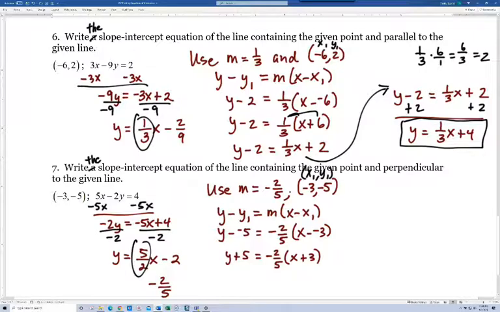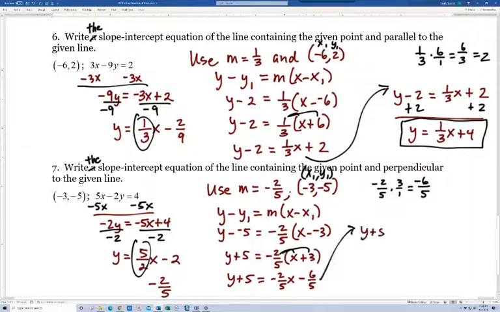All right, so I'm going to go ahead and distribute on the right side. We're going to get y plus 5 is equal to negative 2/5 x. And I'm going to have to multiply negative 2/5 times 3. So let's do that off to the side. When you do that, you get negative 6 over 5. So this will be minus 6/5.